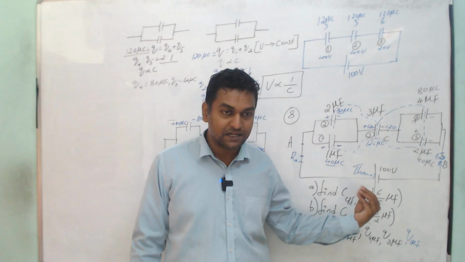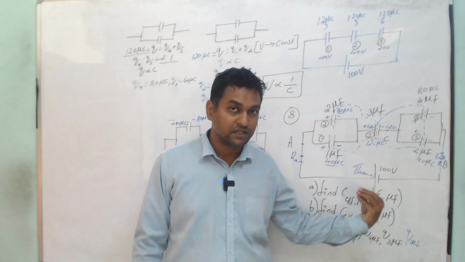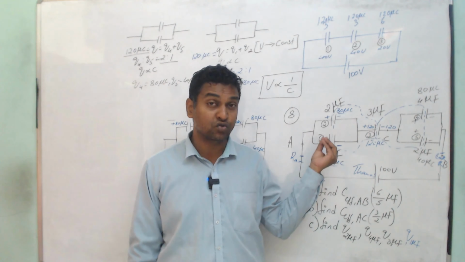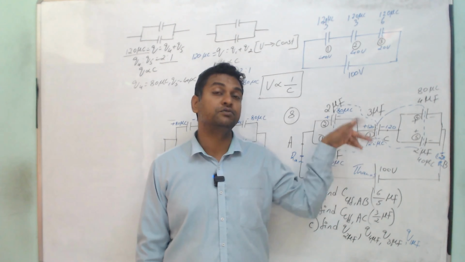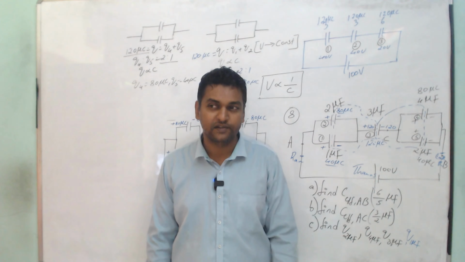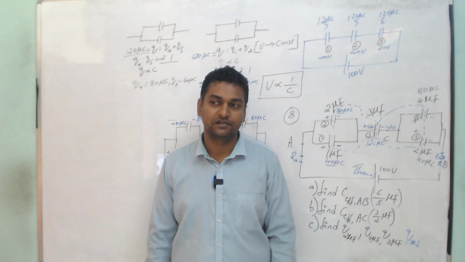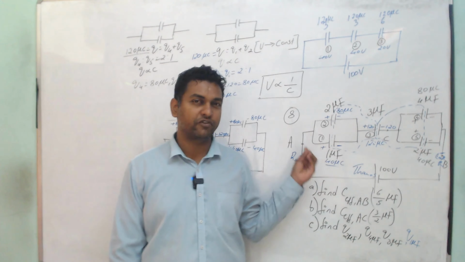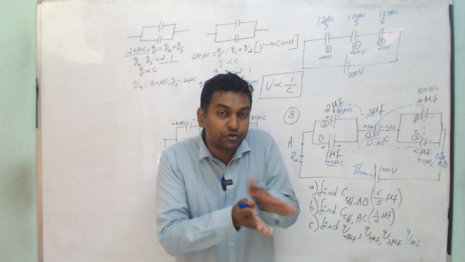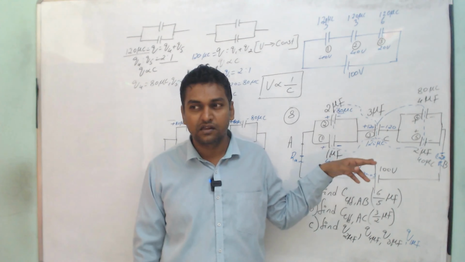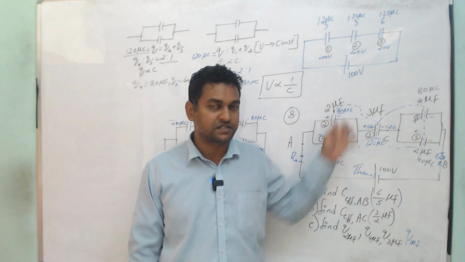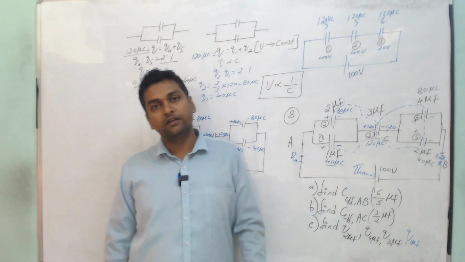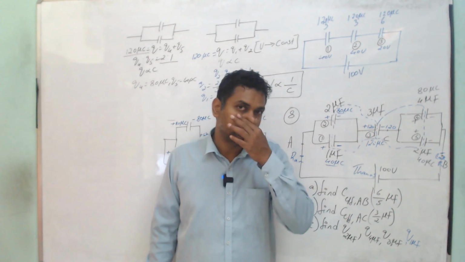So the charges that are sent, 120 microcoulomb, will be distributed as 2 is to 1, because its capacity is twice. 2 is to 1 will automatically tell me 80 microcoulomb and 40 microcoulomb.